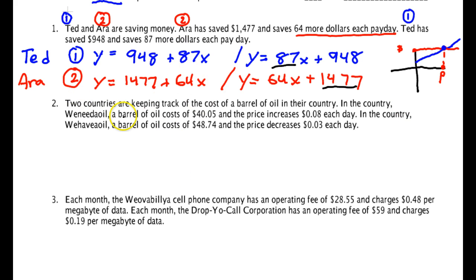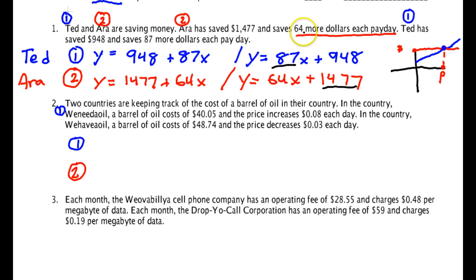So, reading number 2, go through and say, okay, I have 2 countries. We got this one, right? And go ahead and label them and do like I did here. And come up with 2 equations. And look for the similar language.